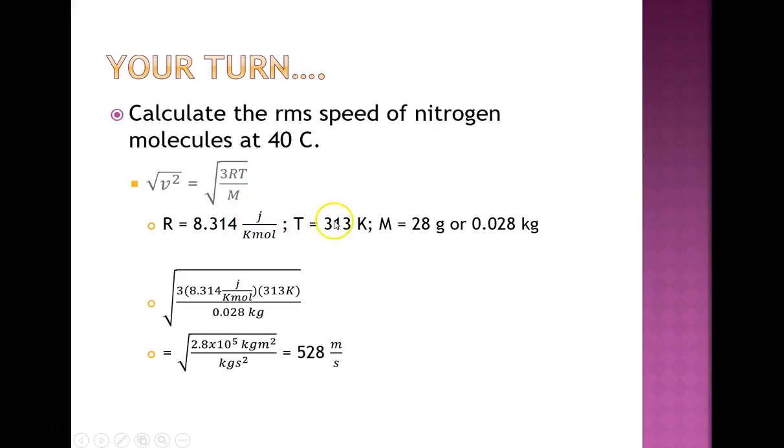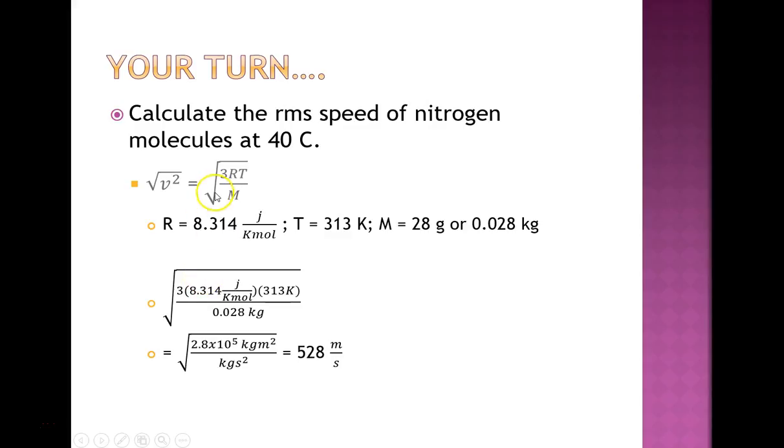Temperature in Kelvin is 40 plus 273 gives 313 Kelvin. Now the molecular weight of nitrogen gas is 28 grams or 0.028 kilograms.